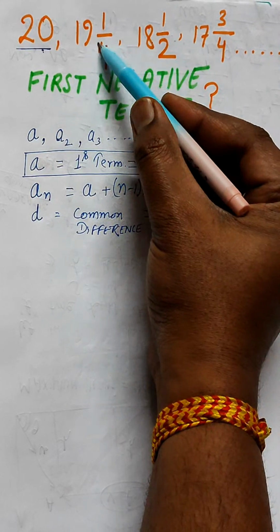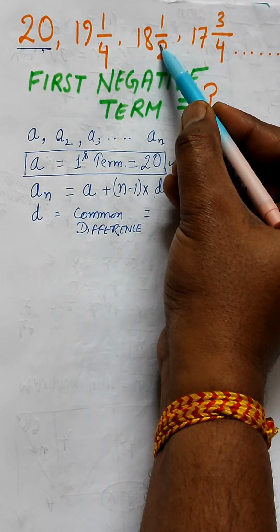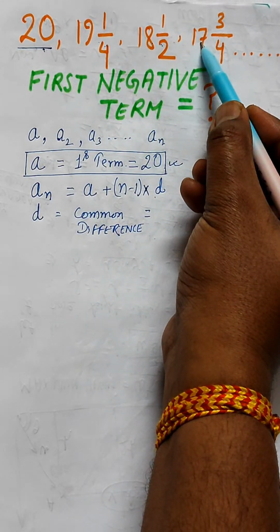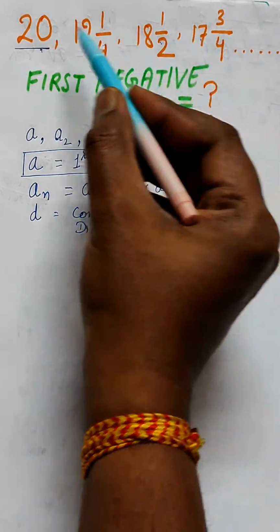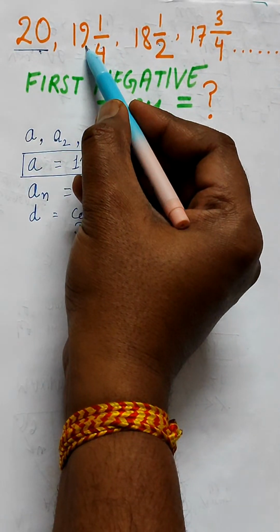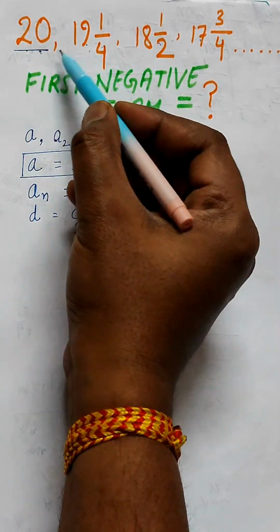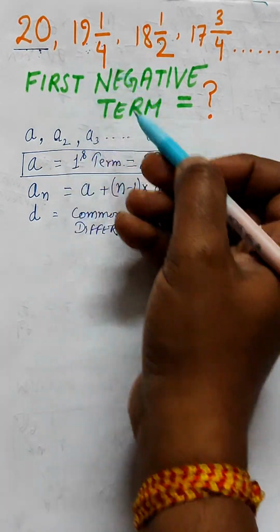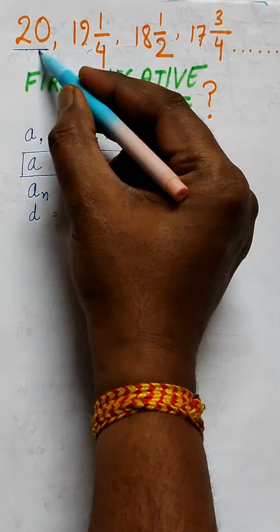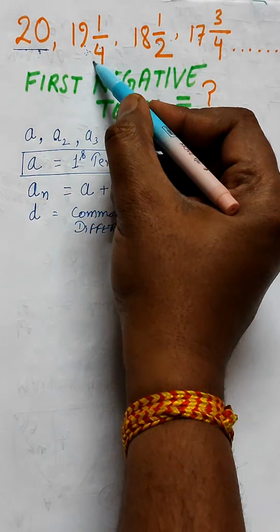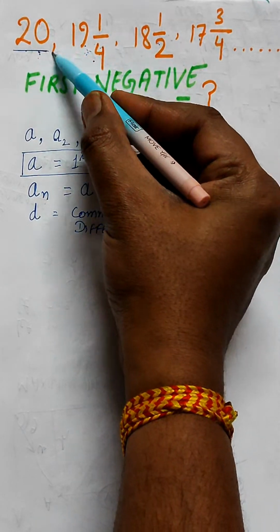If you subtract second term from third, you will get the common difference. When you subtract third term from the fourth, you will get the common difference. When you subtract first term from the second, you will get the common difference. So just take any one. Let us take the first and second. So common difference is calculated by any subsequent term minus its previous term.